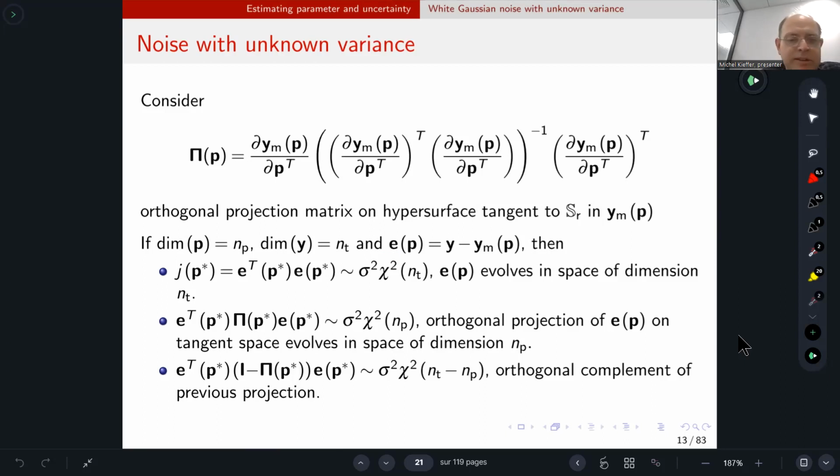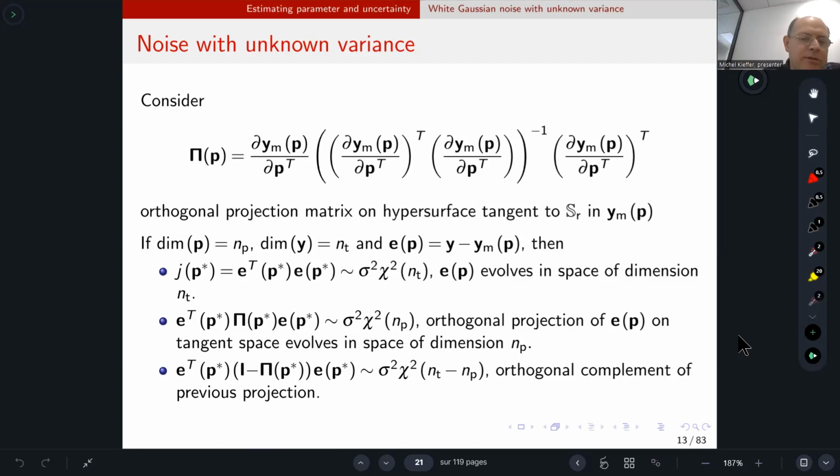But what is interesting is if we consider the orthogonal projection onto the surface response of the model and take the scalar product with the residual, what you obtain is distributed according to a chi-square distribution with now np degrees of freedom.